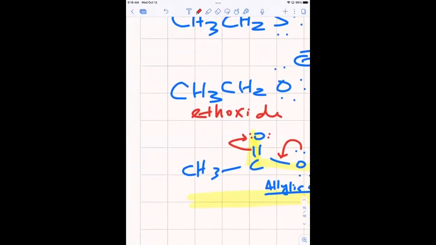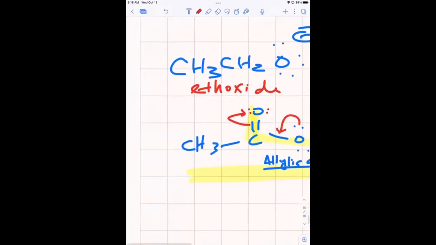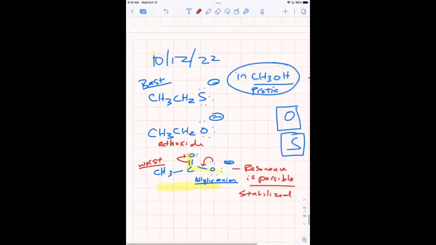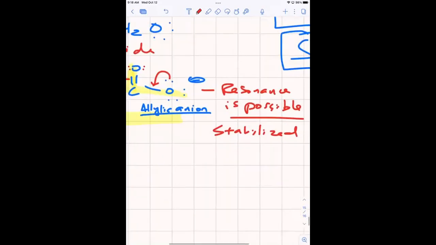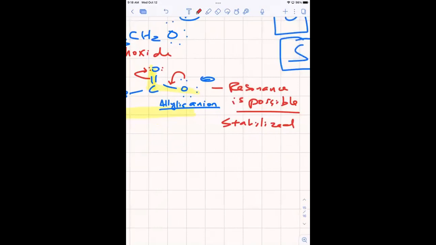Good. So if the sulfur is the best, that means that this is the worst of the two. So we had to rank them. This would be 1, 2, and 3, where 1 is the best and 3 is the worst. So for your nucleophile, the fact that the anion down here is stabilized by resonance, anytime you add stability, you're going to decrease reactivity, right?